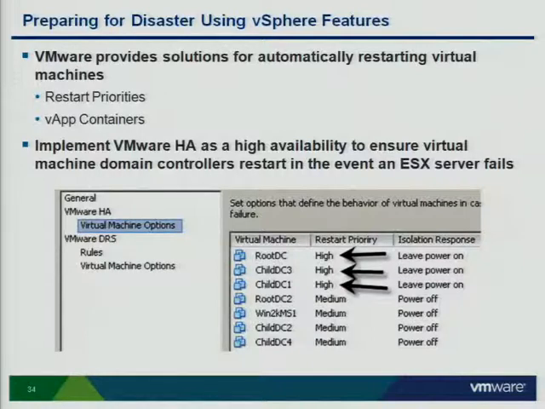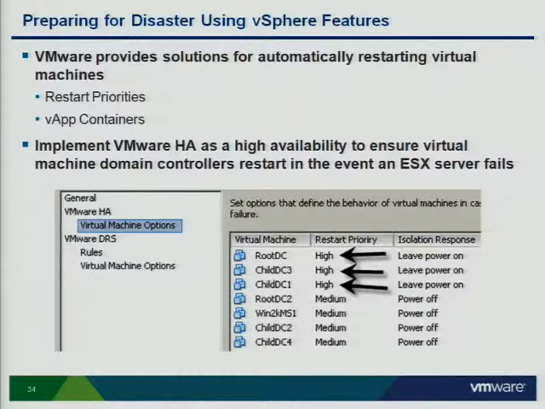Well, we can set, and might strongly consider doing this, the priority of the restarting of those virtual machines differently for domain controllers and others. And this, of course, is used by HA in the event of a catastrophic failure to prioritize which ones I need to bring back first.